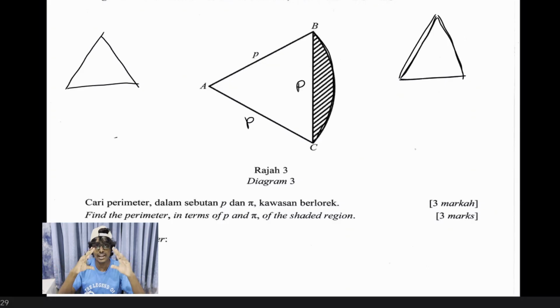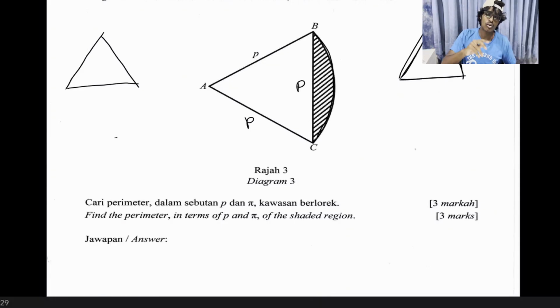So if all the lines are the same length, they are all separated equally. So 180, how many parts are there? 3, meaning 180 divided by 3. Every single part here has an angle of 60 degrees. So obviously here will also be 60 degrees, and using this we can find this.